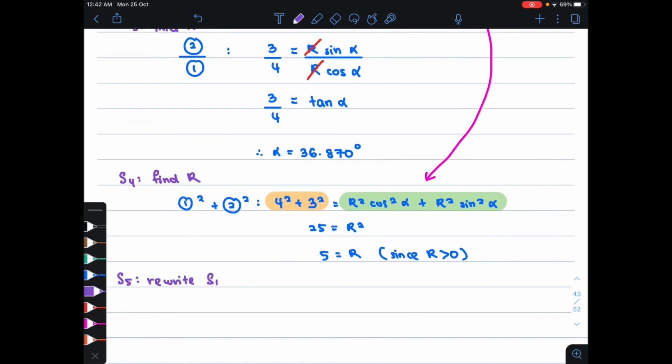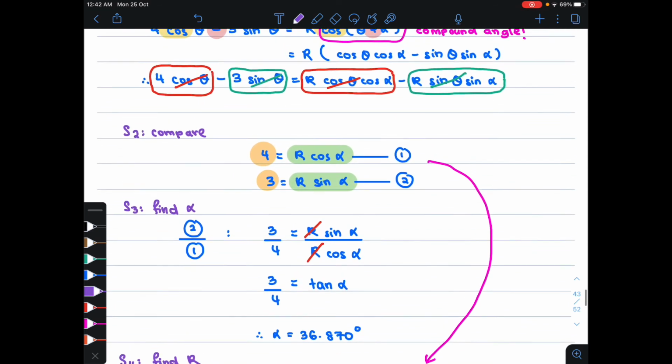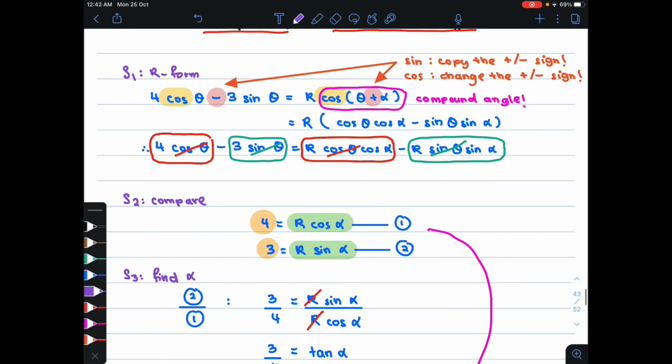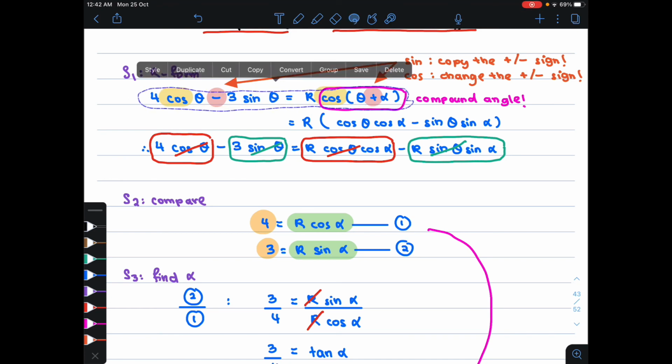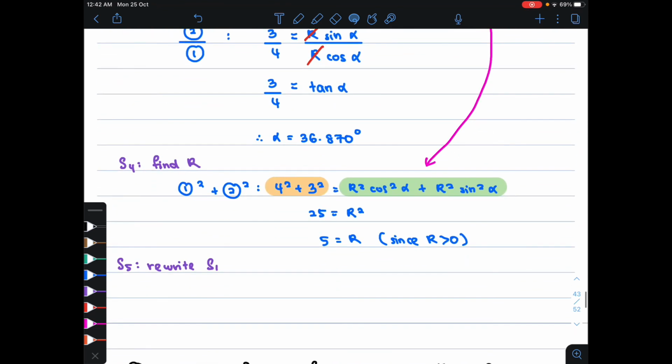Step 5 is to rewrite step 1. So let's look at step 1. The step that you need to rewrite is this equation. Let's copy down this equation. Note that we have already found the value of r and alpha.